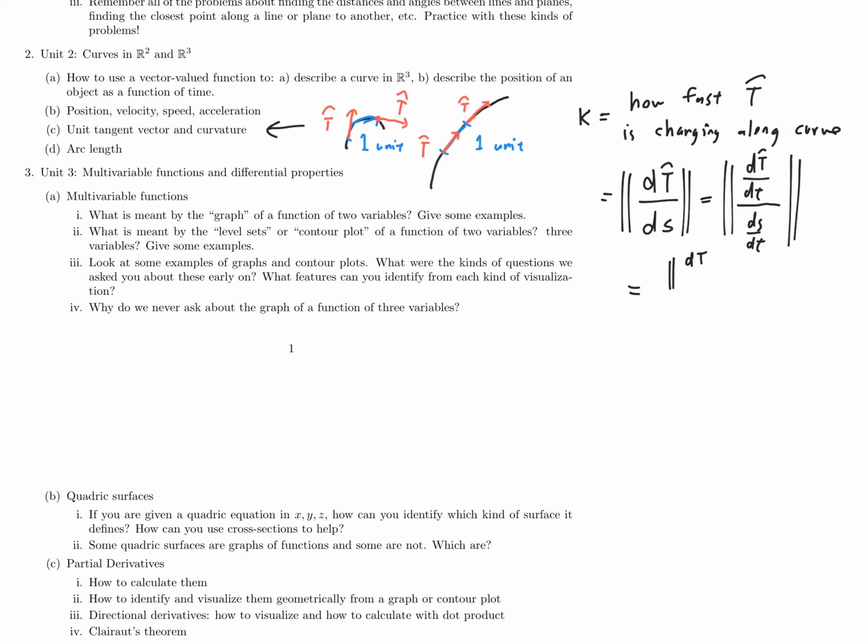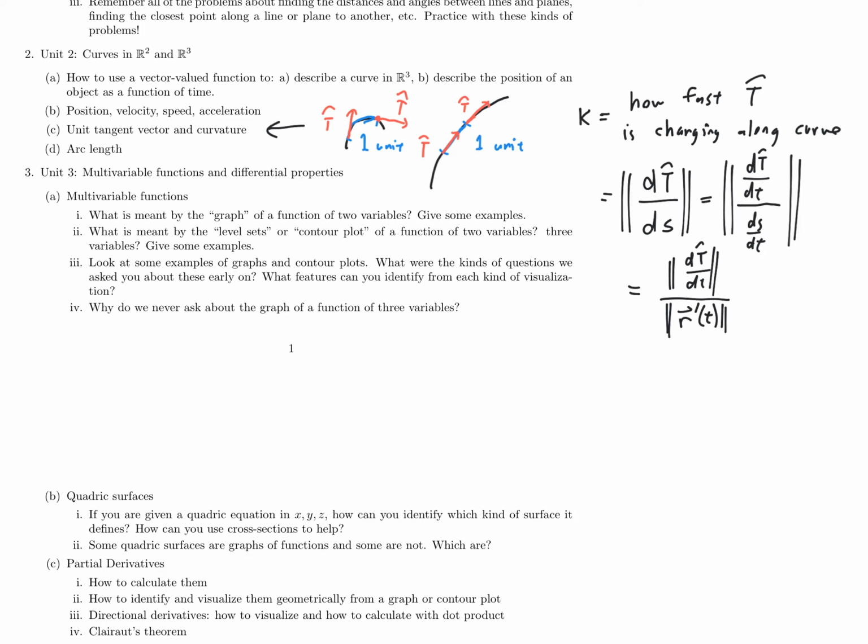So the more compact formula is to say it's the rate of change of the unit tangent vector with respect to the parameter divided by this speed function, remembering that speed is the magnitude of velocity. The rest of this stuff I'll encourage you to just go back and look up if some of this is not looking familiar to you.